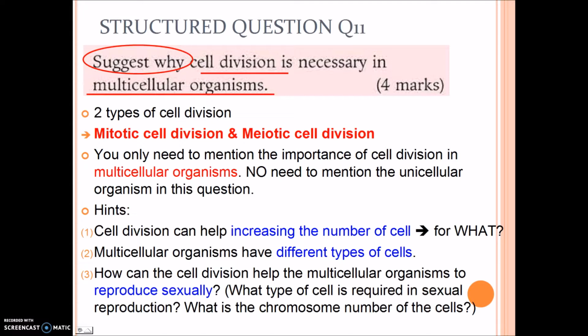But don't just give one answer. You must think about 2 importance for mitotic cell division and 2 importance for meiotic cell division, though not necessarily 2 plus 2.